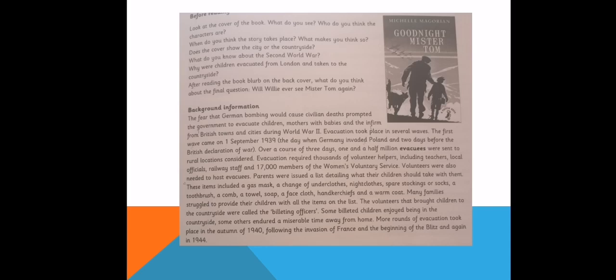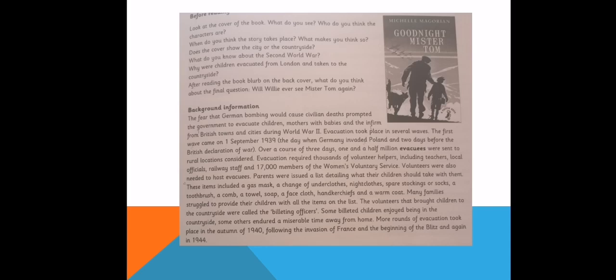So just a little bit of background information before we get into it. During World War II, or right before Britain entered World War II, Germany had these bombing campaigns called the Blitz, or the Blitzkrieg, where it would be like an air raid with airplanes, and they'd come and bomb a lot of the major cities in England.